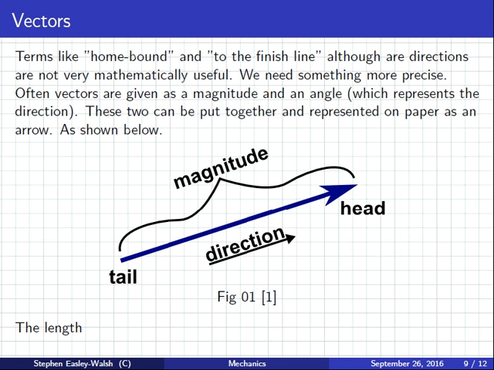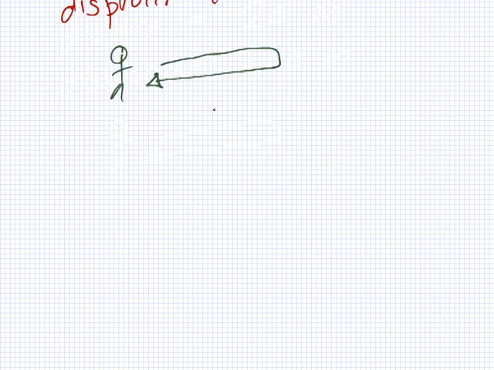So what this would mean is you're moving this way, and the length of the arrow is how fast you're moving. So for example, with the picture of my man, if I say his velocity is this, and here, if I say her velocity is this, in both cases, which way are they heading?